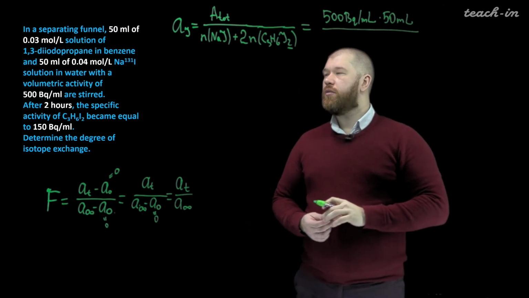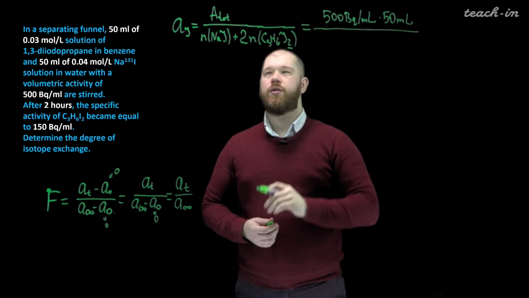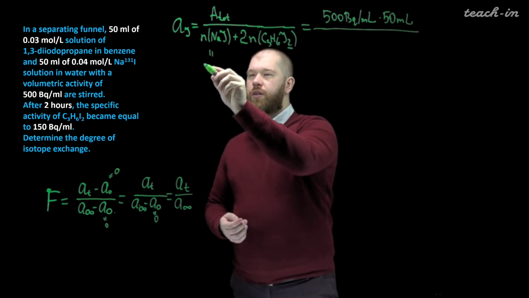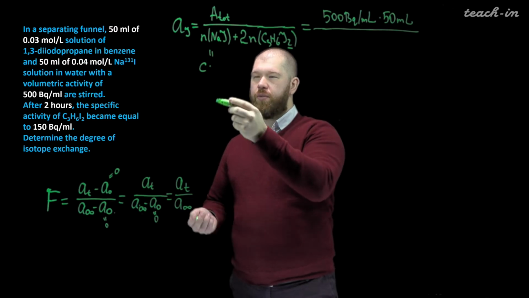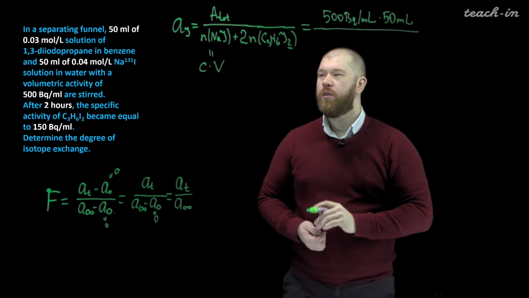And then the amount of the sodium iodide is simply the concentration of the compound multiplied by the volume.